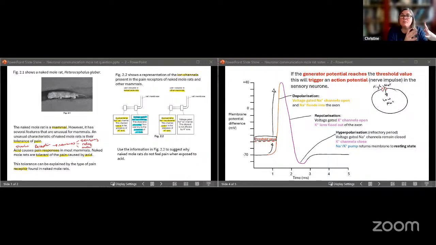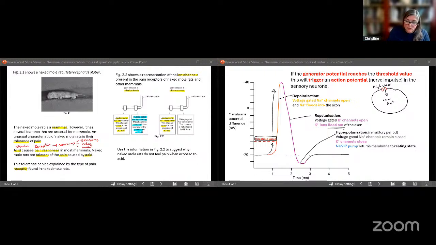So depolarization, the voltage-gated sodium channels open. Repolarization, our voltage-gated potassium channels open, and potassium is going to flood out. And then our hyperpolarization, we go way past the minus 70 millivolts. Therefore, we are hyperpolarizing the membrane.